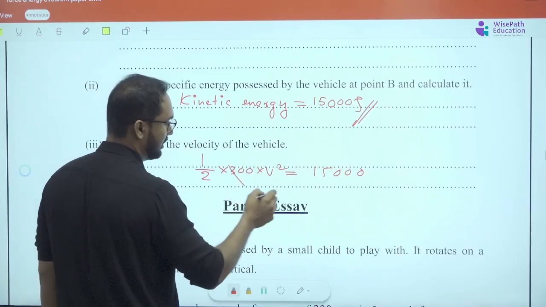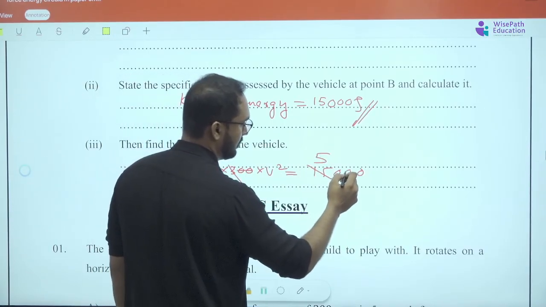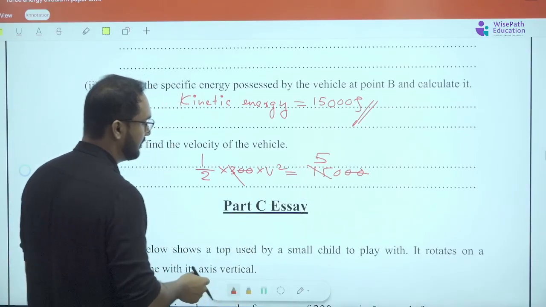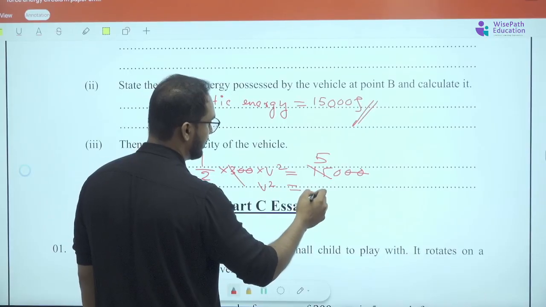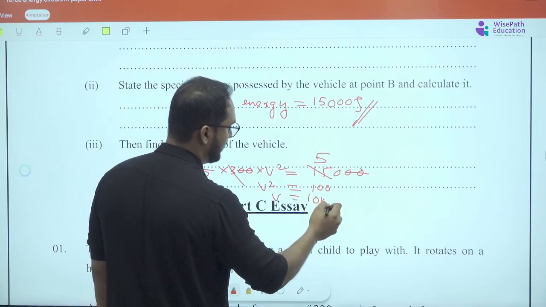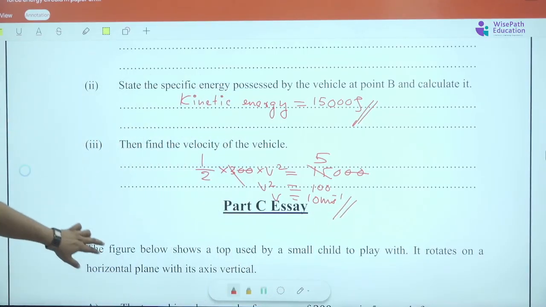What happens? 3 times 5. Two of the zeros cancel out. That is 50, and 50 into 2 is 100, right? So v squared equals 100. v equals 10 m s^-1, right?